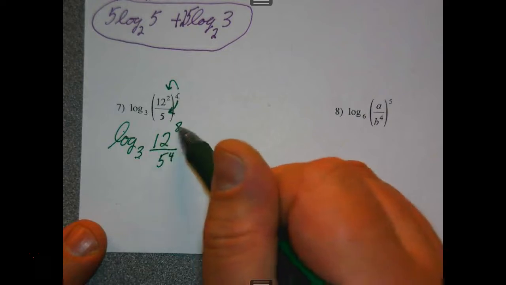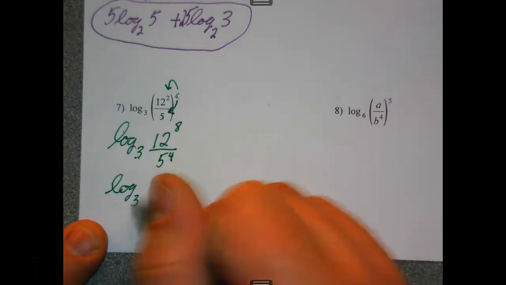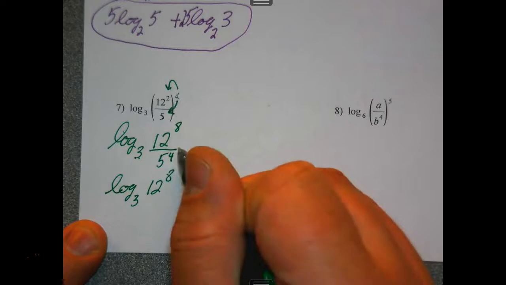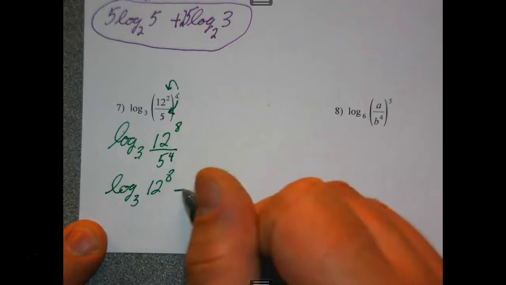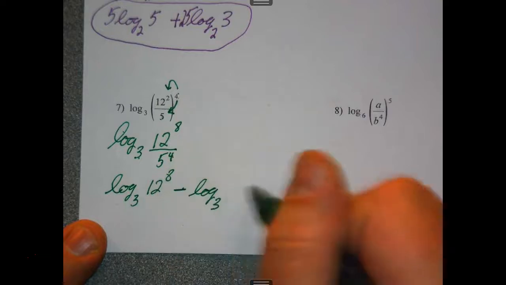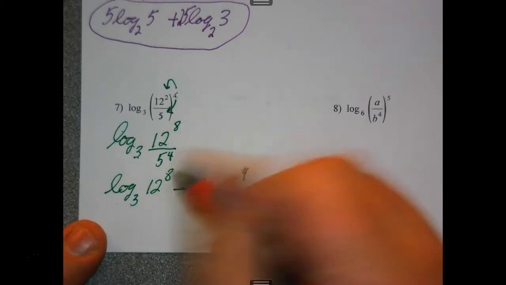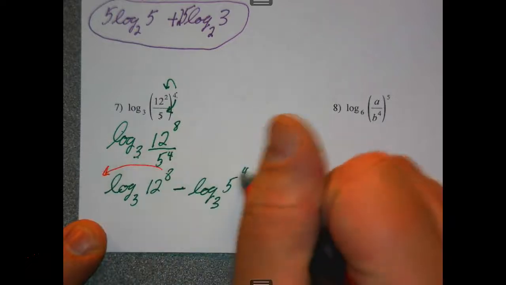Log base 3 of 12 to the 8. This division becomes a subtraction. Log base 3, 5 to the 4th. And move your exponents up in front.